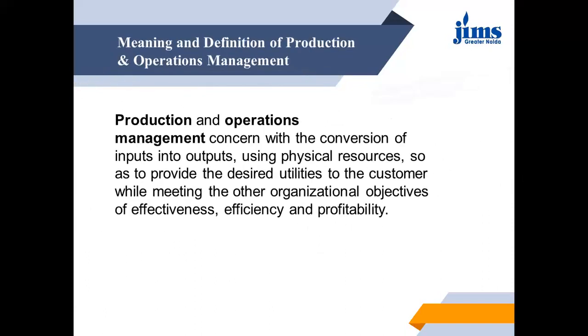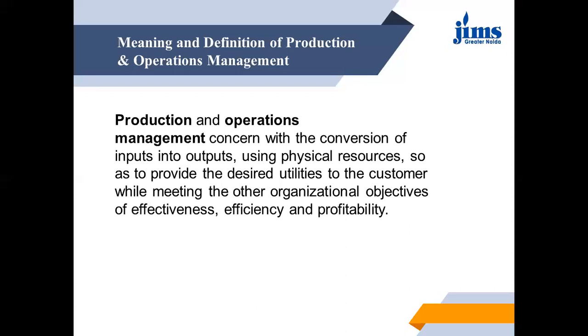Moving on. Now, what is production and operations management? As the term management has been added to the simple terms production and operations, it becomes a managerial process that is concerned with conversion of input into outputs, using physical resources so as to provide the desired utilities or output to the customers while meeting the other organizational objectives of effectiveness, efficiency, and profitability.